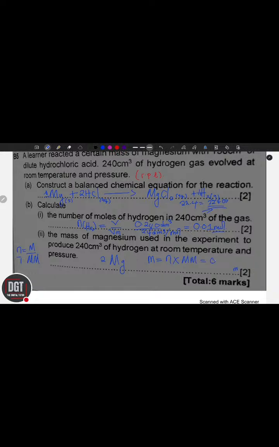So we have 0.01 multiplied by 24. What is it giving us? Of course, it is giving us 0.24. What are the units? Grams. So 0.24 grams of magnesium was used to produce that volume of hydrogen.